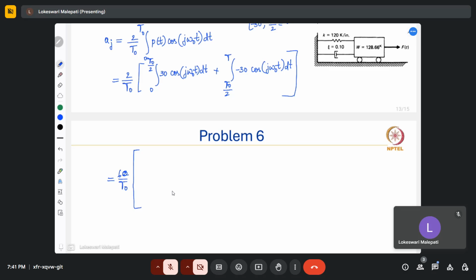The integral of cos j omega naught t dt would be sine j omega naught t between the limits 0 to t naught by 2, and then we have a constant 1 by j omega naught, and minus, similarly, 1 by j omega naught sine of j omega naught t between t naught by 2 and t naught.